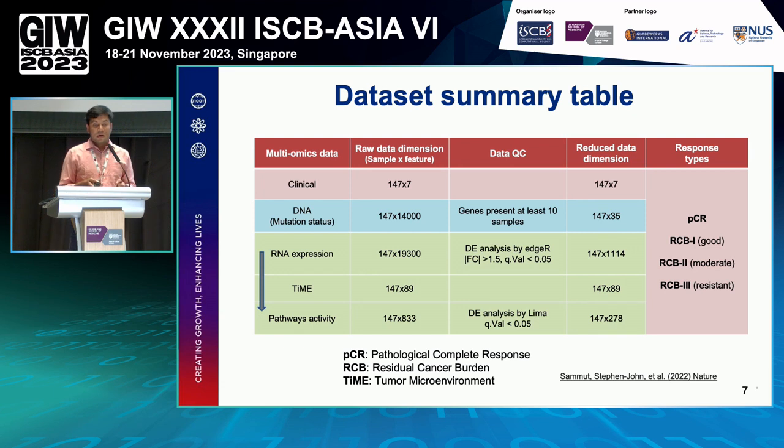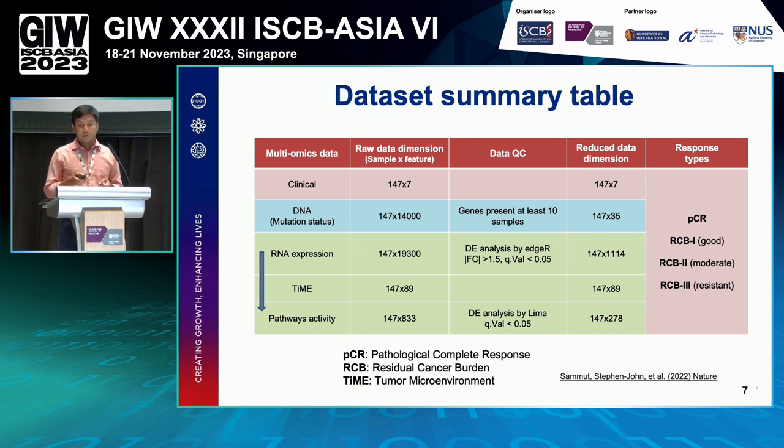There is a different level of information, like clinical. In terms of DNA, there is mutation status, and also RNA expression. From RNA expression, we use the whole transcriptome to first identify the tumor immune microenvironment features, as well as the pathway activity scores.